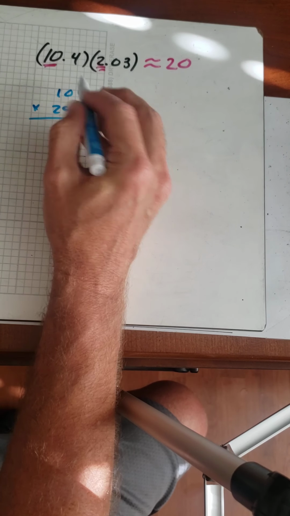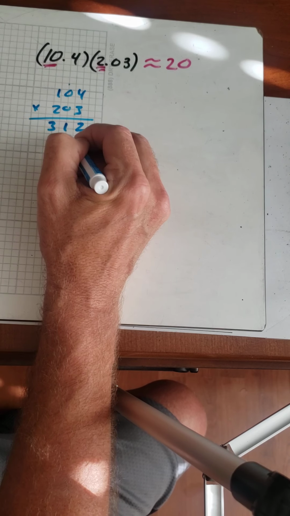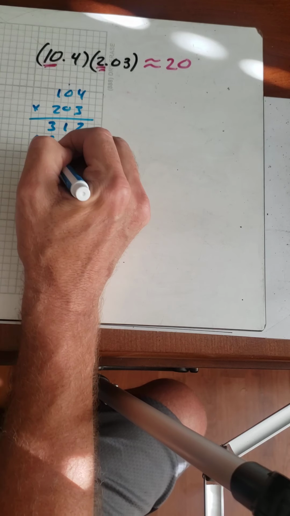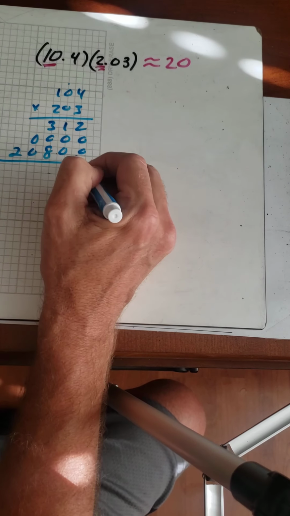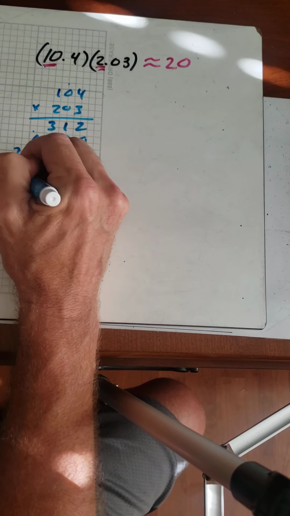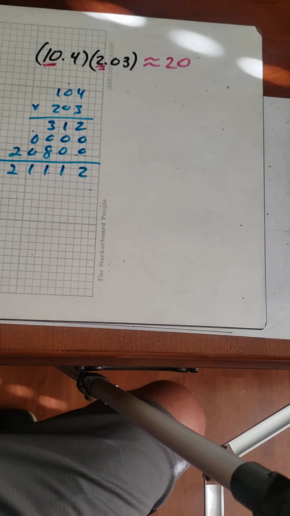So I got 12, 3, I got 0, 0, 0, and I got 0, 0, and I got 8, 0, 2, and add all these up, and I get 2, 1, 11, 1, 2. So I've got 21,112.